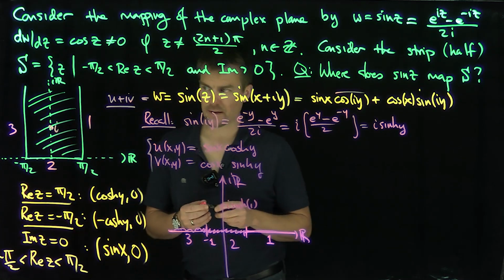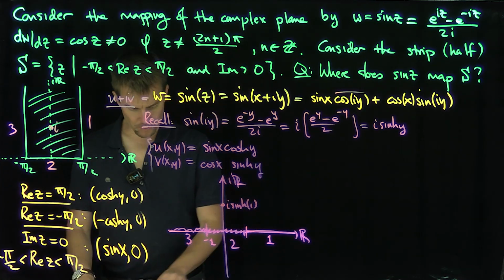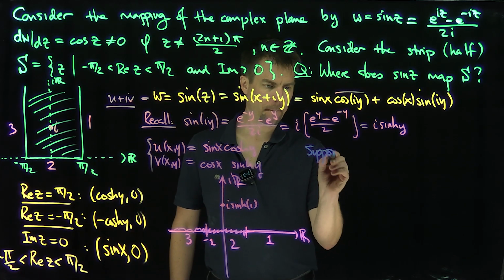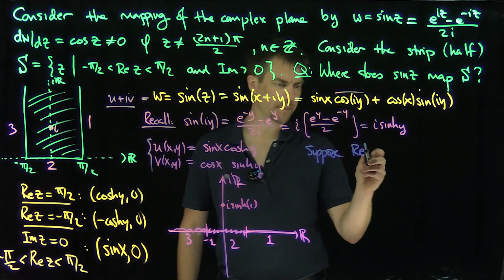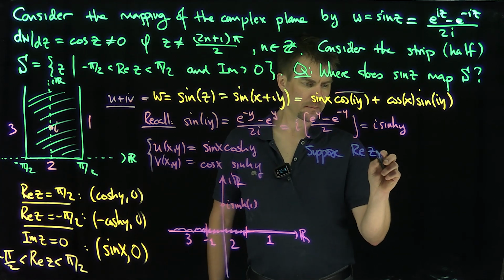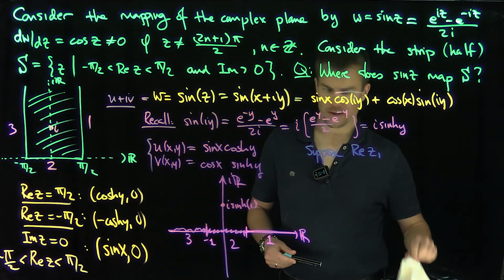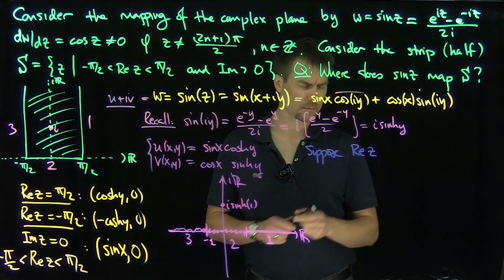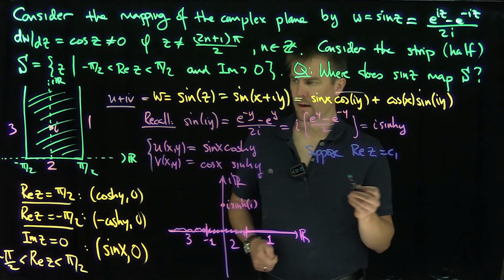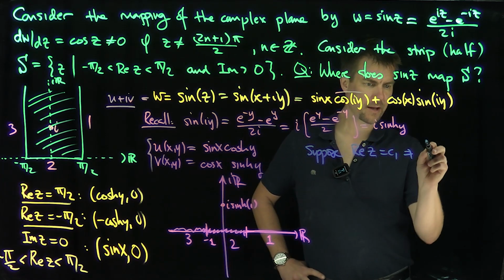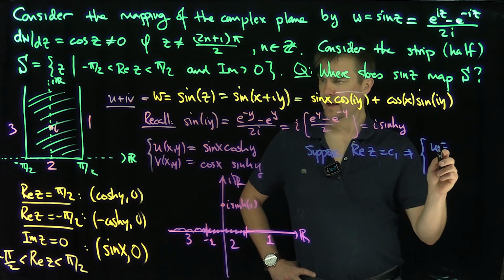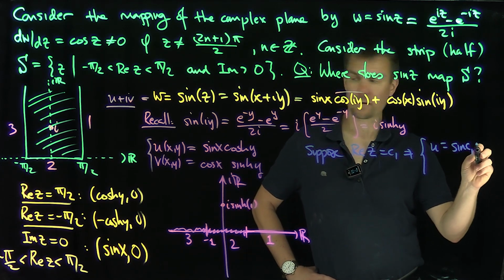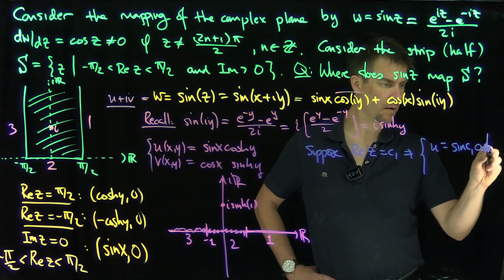Let's do some more analysis of this though, right? So let's suppose the real part of z in this region is equal to a constant. Then your u is what? Then your u is going to be sine of c1 cosh y.